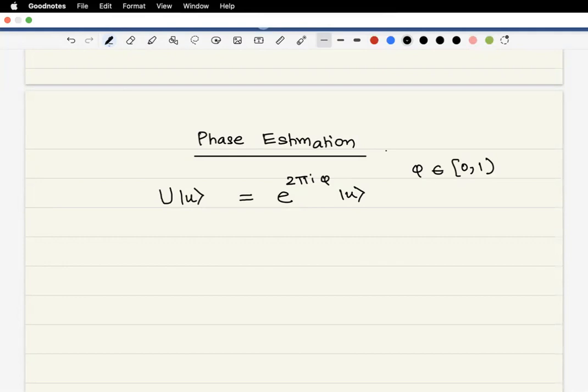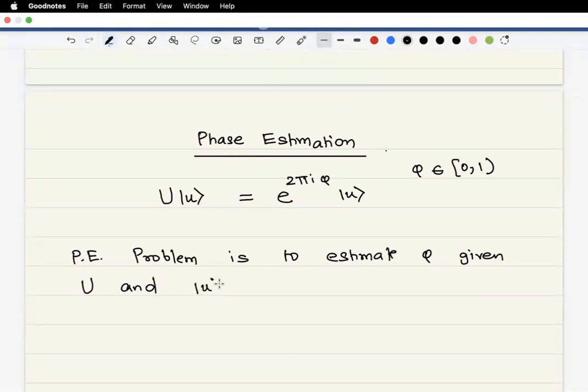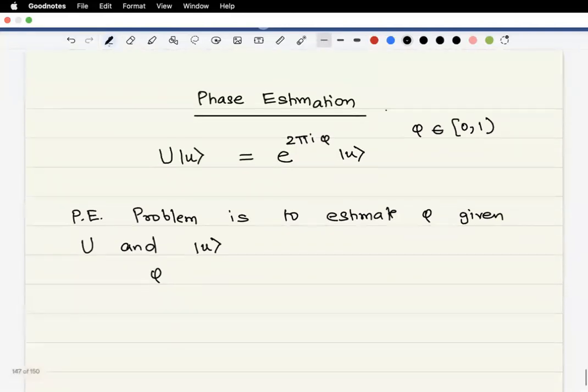Right? So the phase estimation problem is to estimate phi given the unitary U and its eigenvector ket u. Now phi is a real number between 0 and 1.